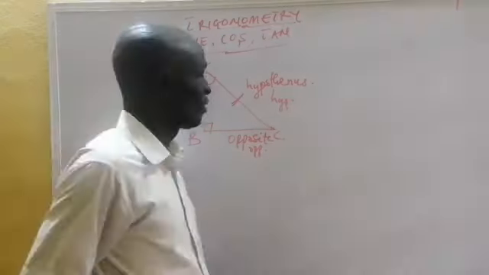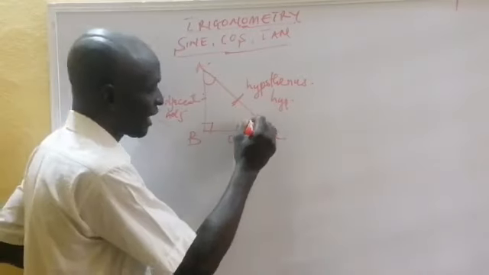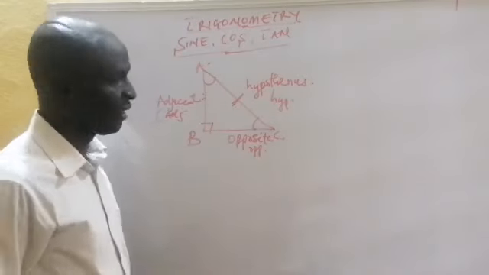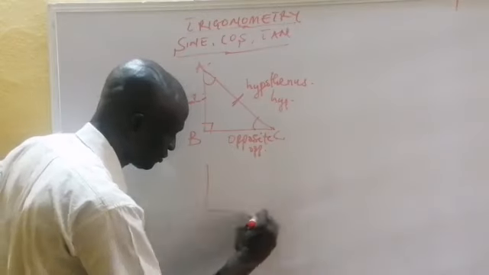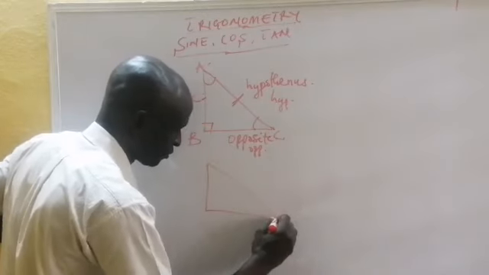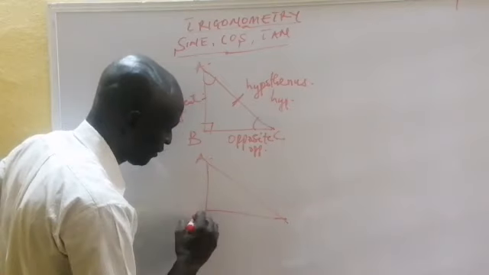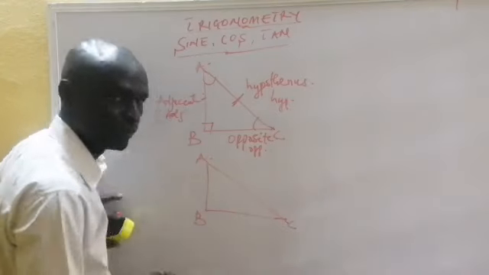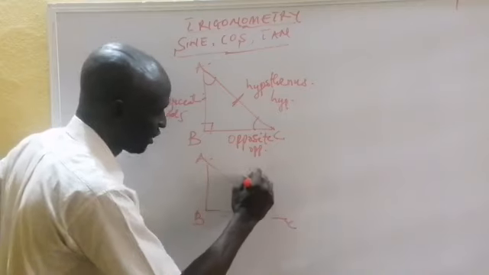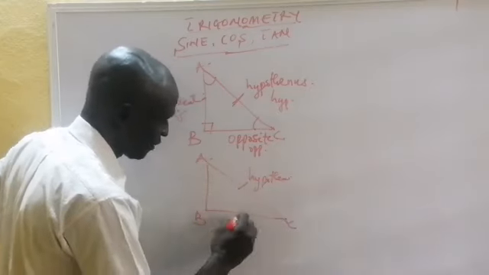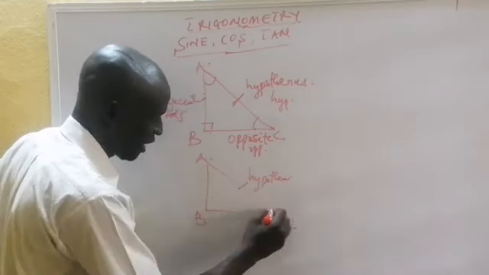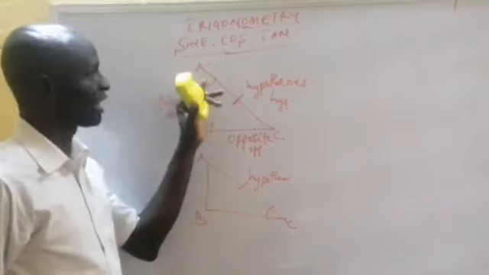Now, if I am going to talk about the angle at C, let's draw the triangle. Remember, this is my triangle A, B, and C. Here is my hypotenuse. Now, if I'm talking about the angle at C, in the previous triangle my focus was the angle at where?